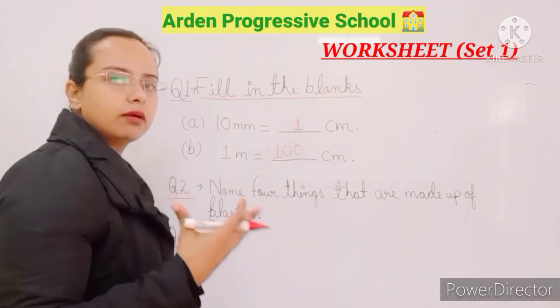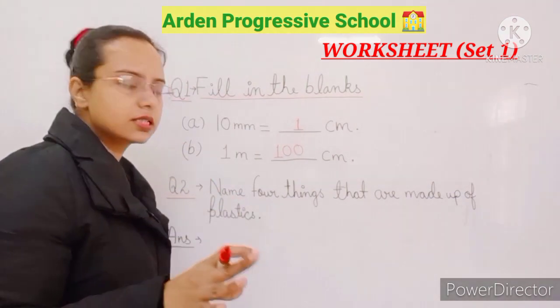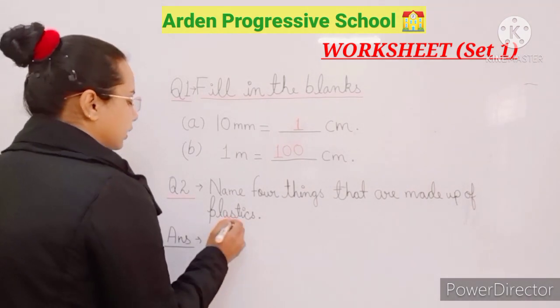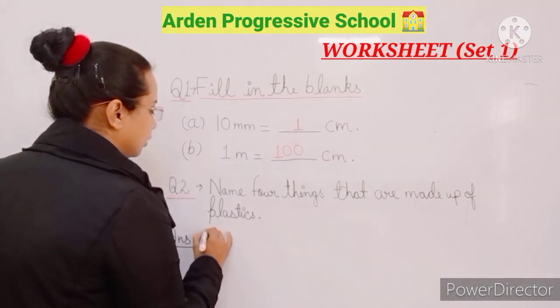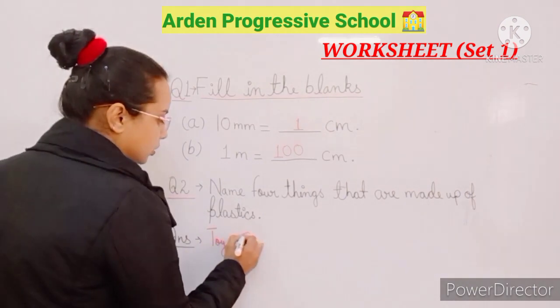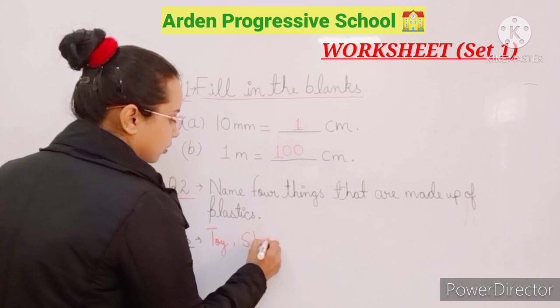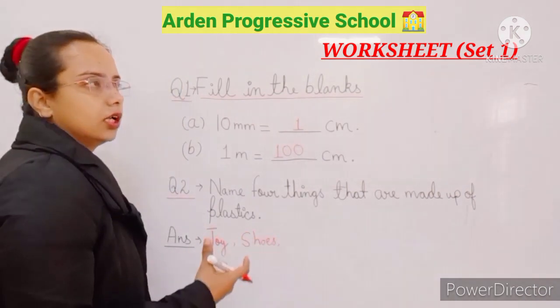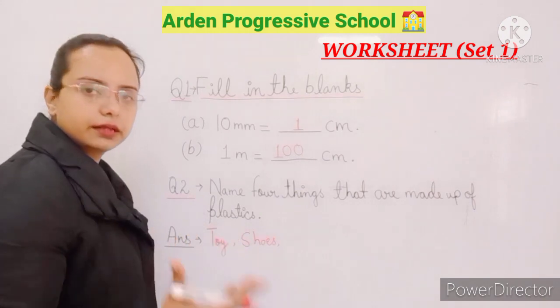Now the second question is, name 4 things that are made up of plastics. You have to name any 4 things of your choice which are made up of plastics. So here we can take toy. Toy is made up of plastics. Shoes are also made up of plastics, the shoes which we wear during the rainy season.